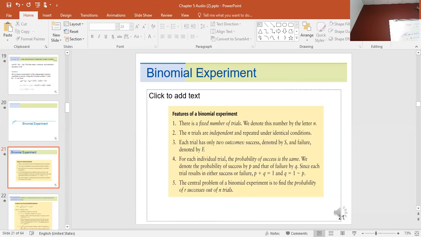Success is the number on the die is less than 3.